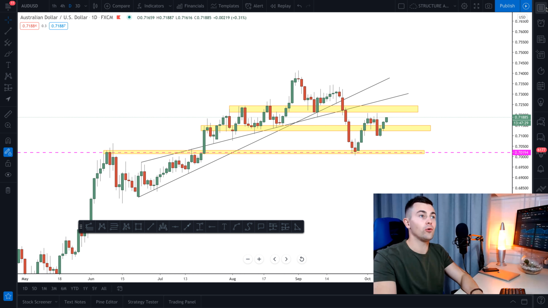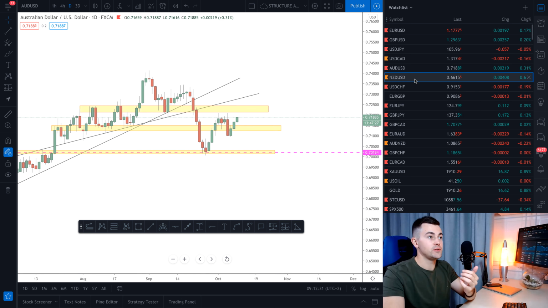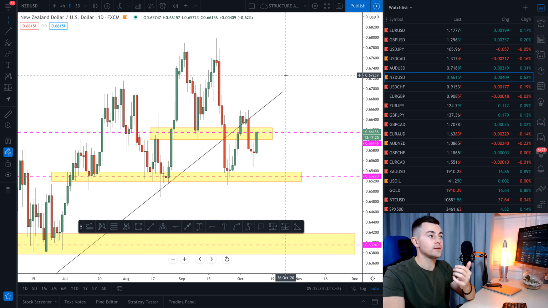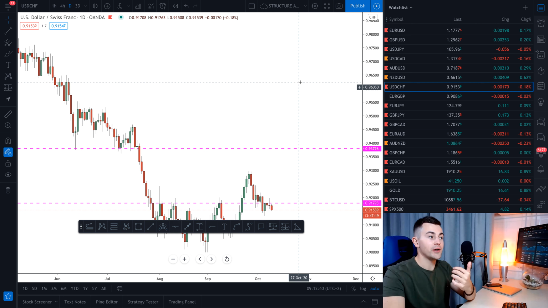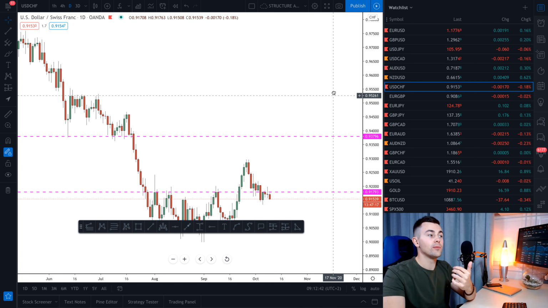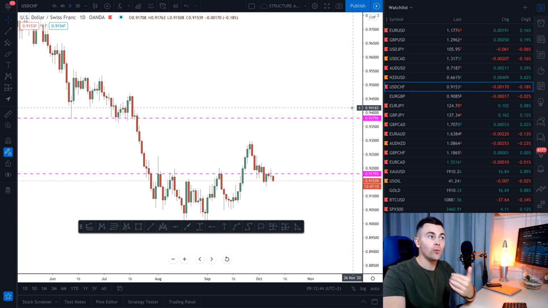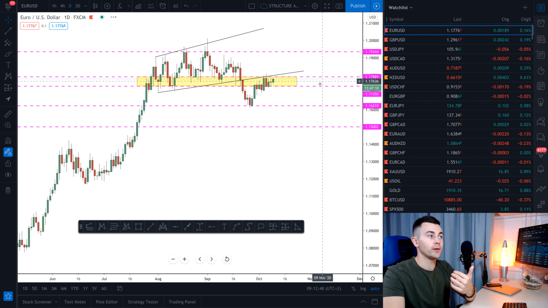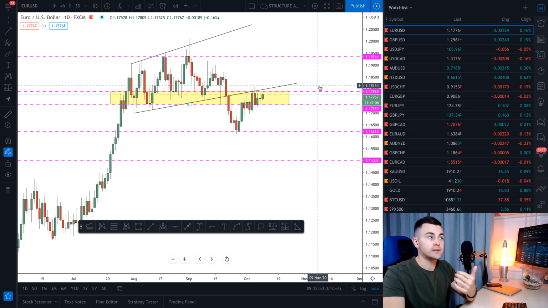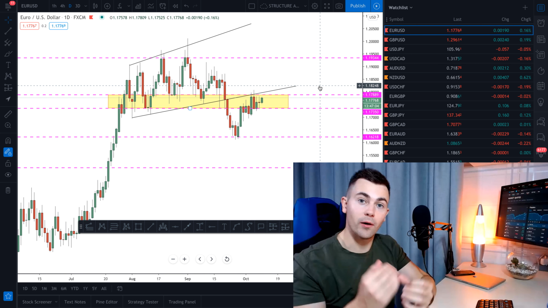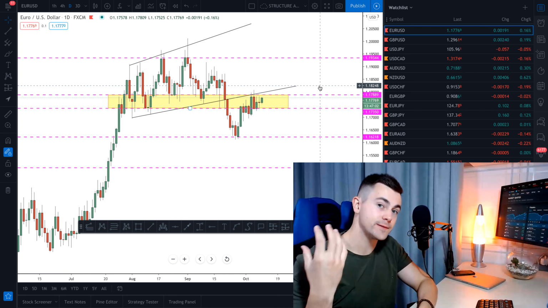If I open my watch list and scroll through the pairs, you can see that here I just have the key levels. With that layout, I check where the market is trading right now, and how far the market is from key levels. This is a very important layout for me, and I apply it for brief scanning of the market.